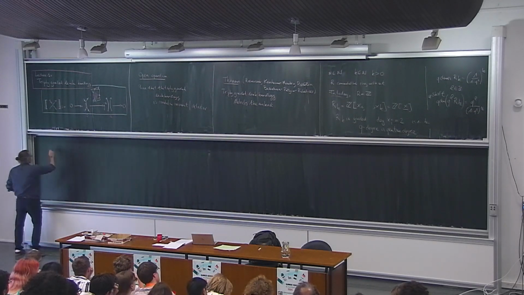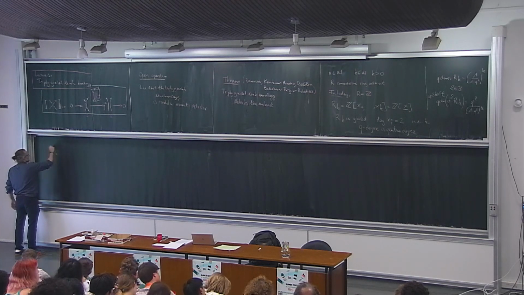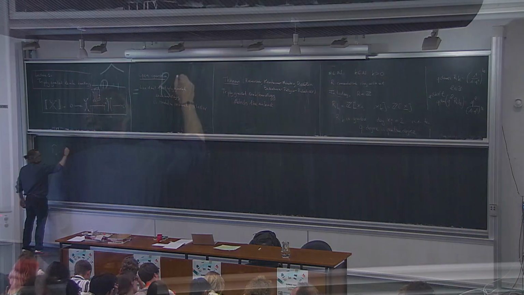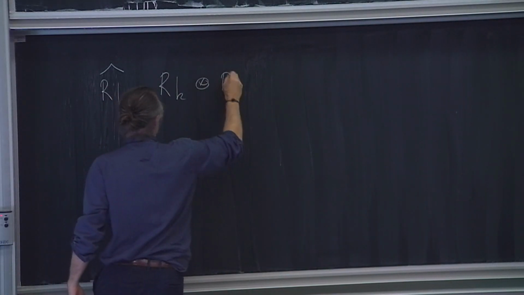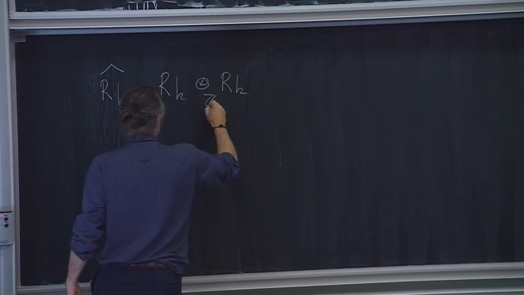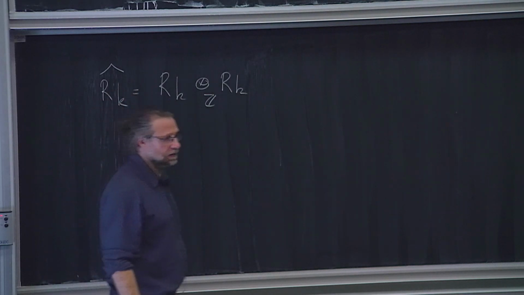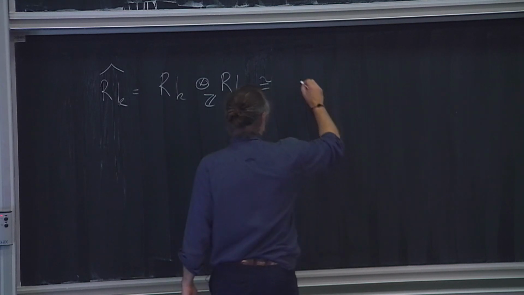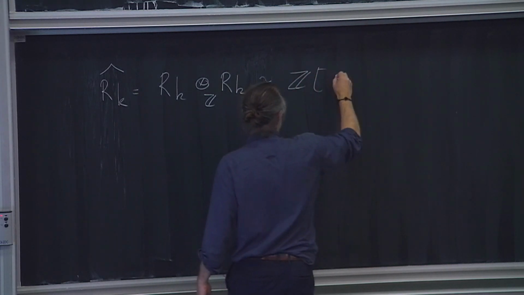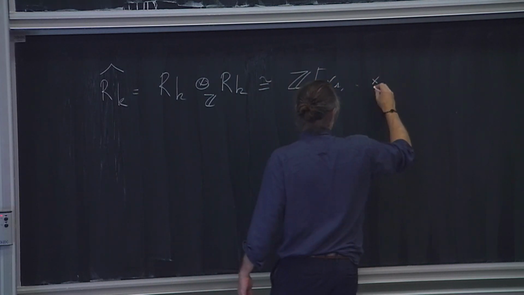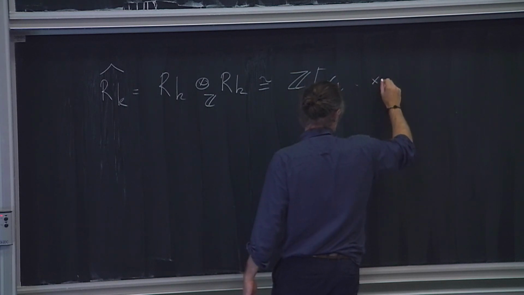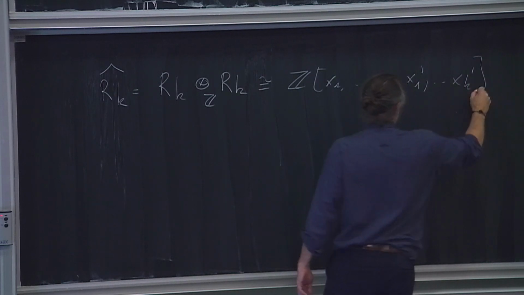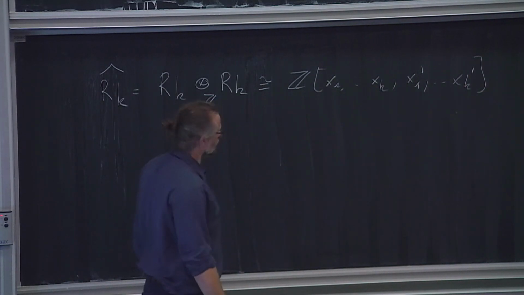Something I will call R_k hat will be just R_k tensor with itself over Z. This is isomorphic to Z[x_1, ..., x_k, x_1', ..., x_k'].